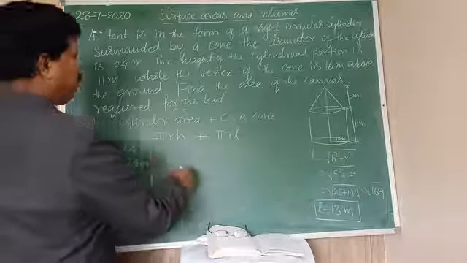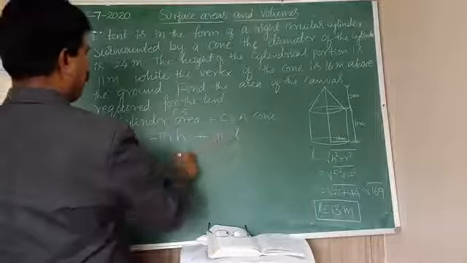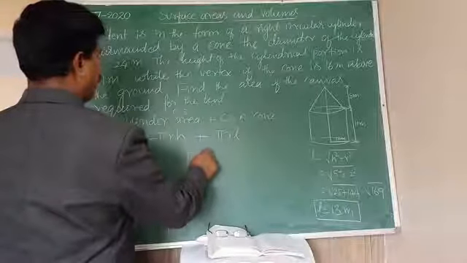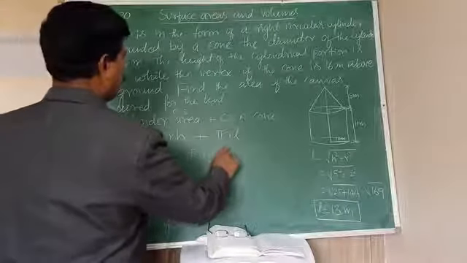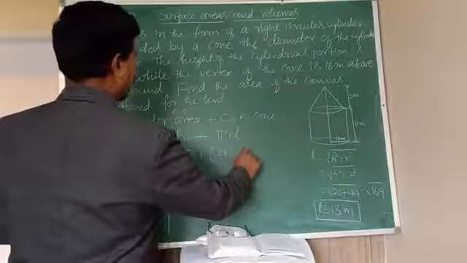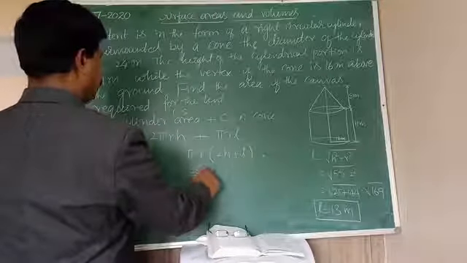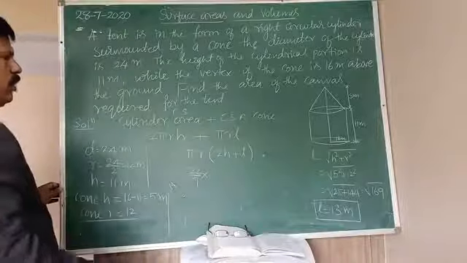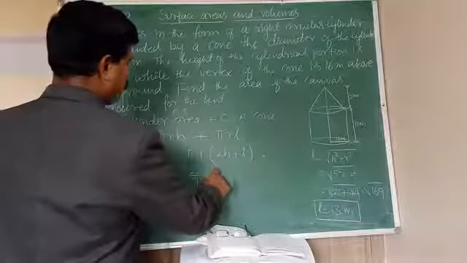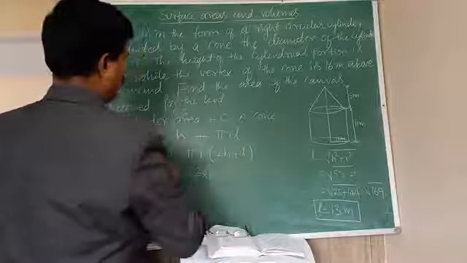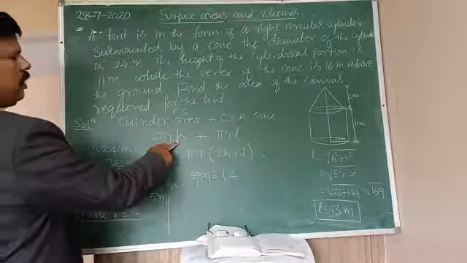Now substitute the values. Here pi r is common in both, so remove that. Pi r as common, left out is 2h plus L. Now 22 by 7 into r value. So r in both cases is 12, into 2 into h. That means this is the cylinder height.